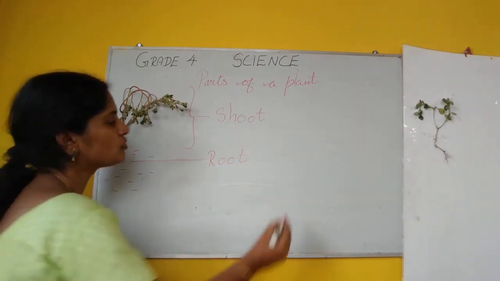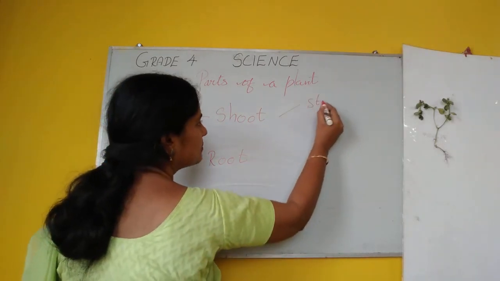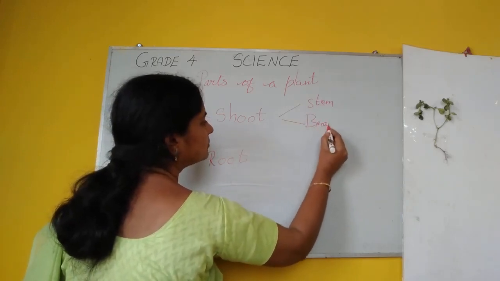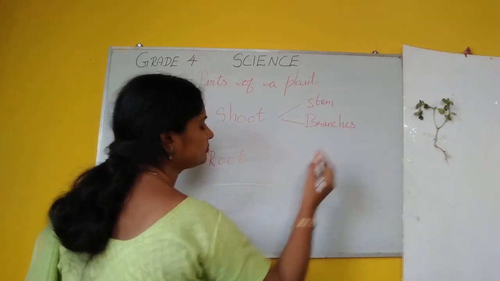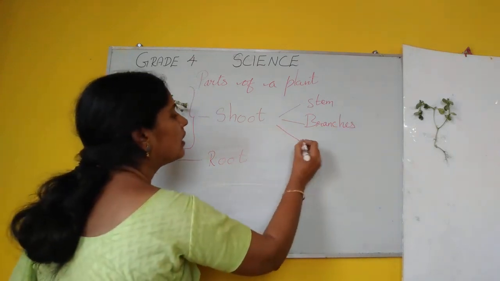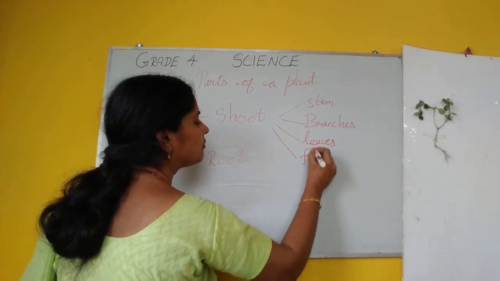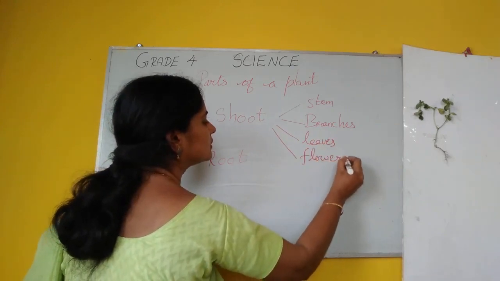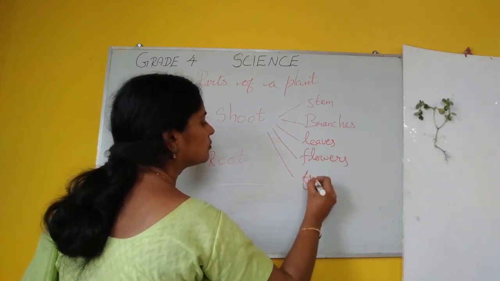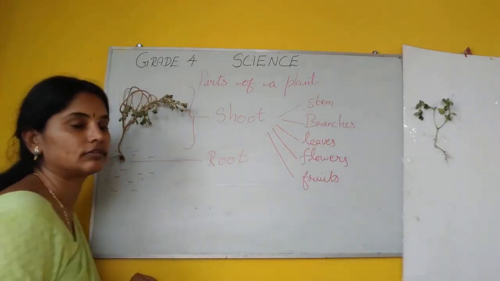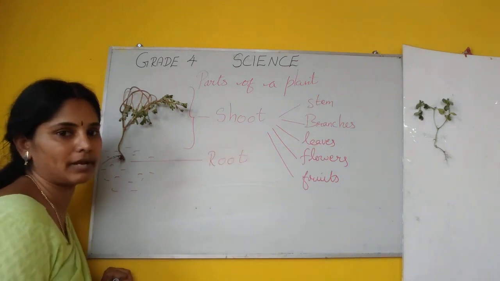In the shoot, there are stem, branches, leaves, flowers, fruits. All this we call the shoot part of the plant.